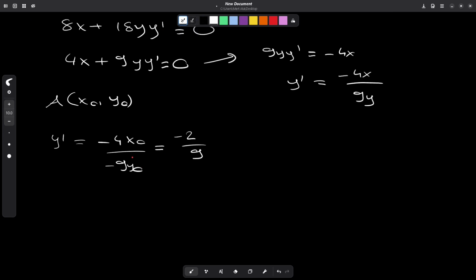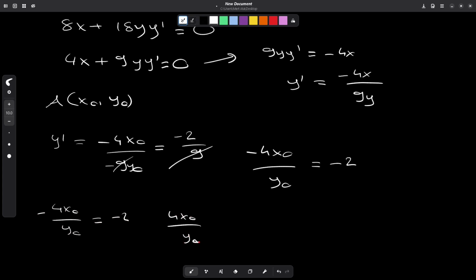We can simplify the 9s. Negative 4x0 over y0 is equal to negative 2, which means 4x0 over y0 is equal to 2. Divide every side by 2. 2x0 over y0 is equal to 1.